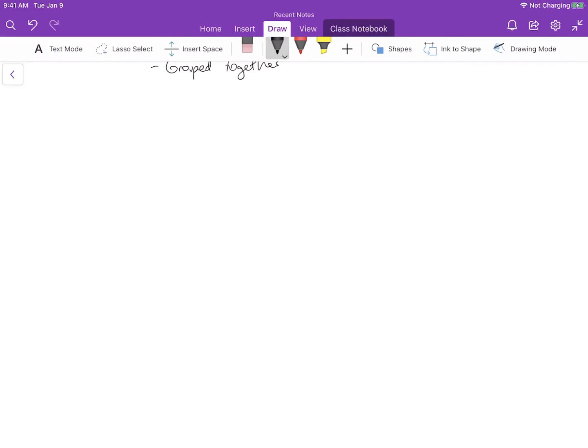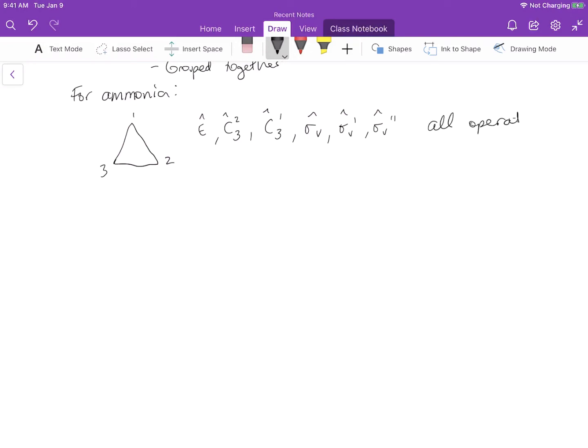So if we look at ammonia again, I'm going to draw it as a triangle again, just because that'll keep things consistent. So for ammonia, we have E, C3 twice, C3 once, sigma v prime, and sigma v double prime. But within that, those are all the operations. But we divide them into classes. So it has a total of 3 classes. So the classes are E, 2 C3, and 3 sigma v.